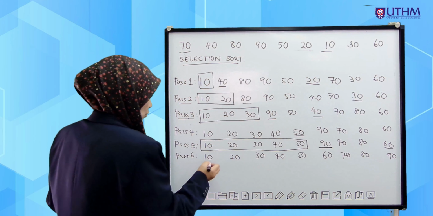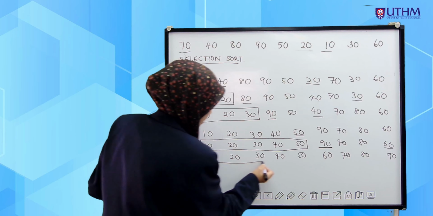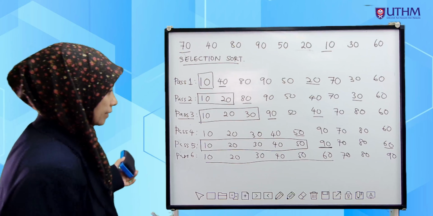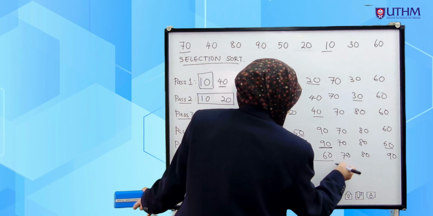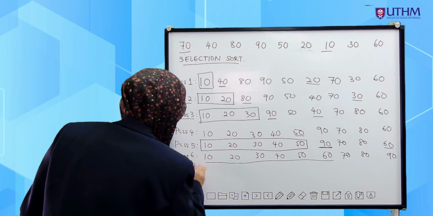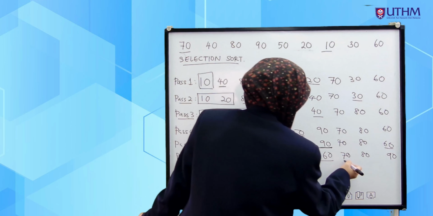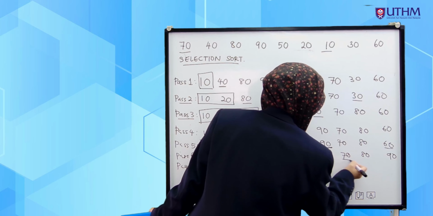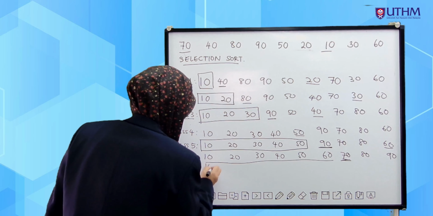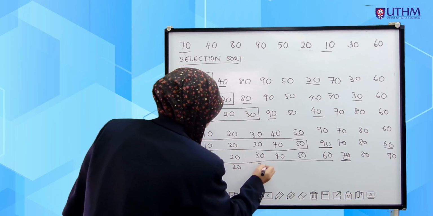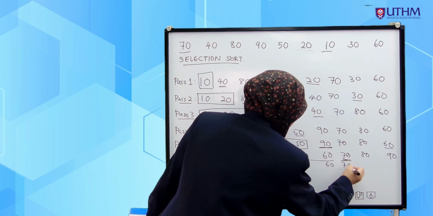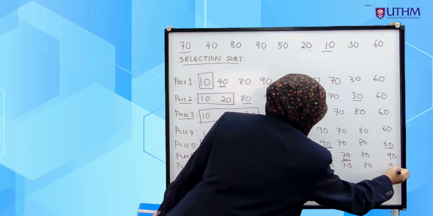You know that the first 6 values are already in sorted order. Next, in pass 7, this is our 7th position. No swapping happens, so you just copy accordingly: 10, 20, 30, 40, 50, 60, 70, 80, and 90.